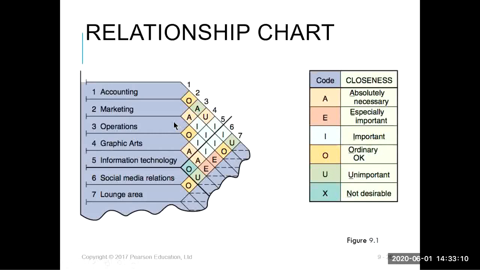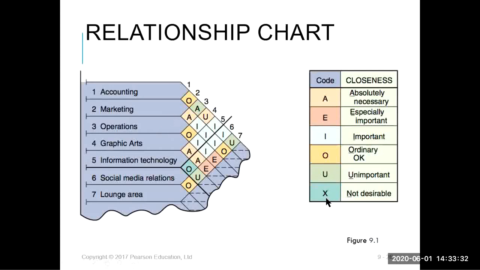So when you want to design the layout, the operation department has to be located near the marketing and accounting departments, so that when they have to discuss or pass something, they are nearby.